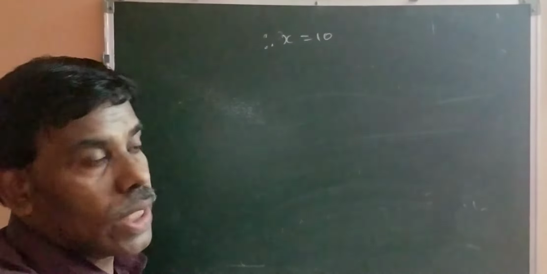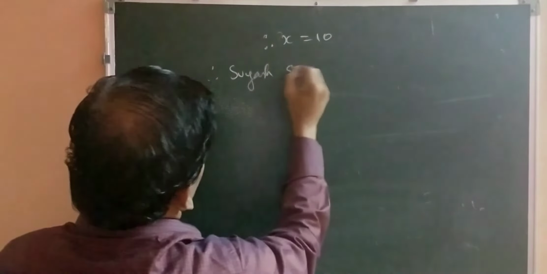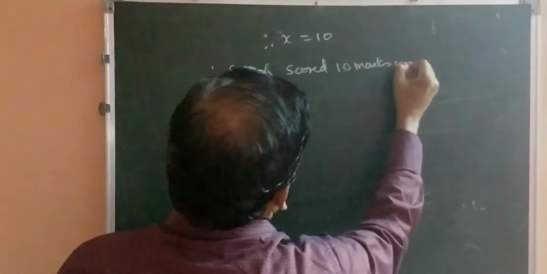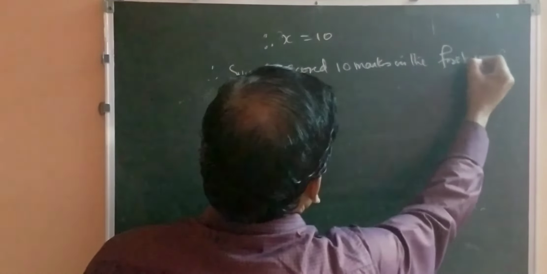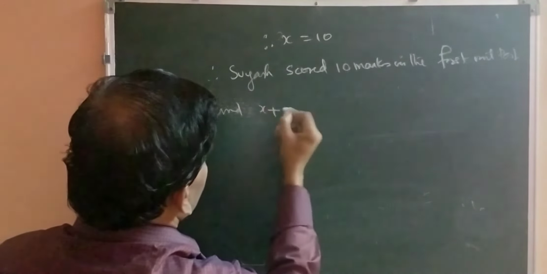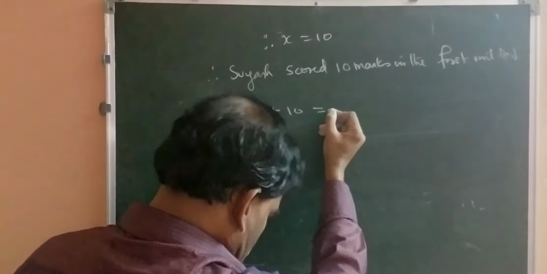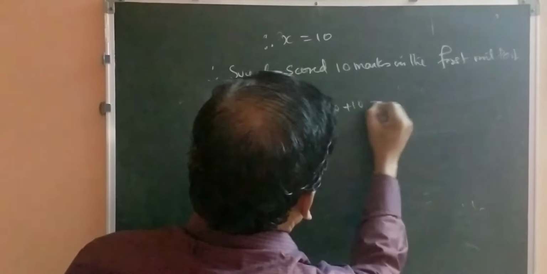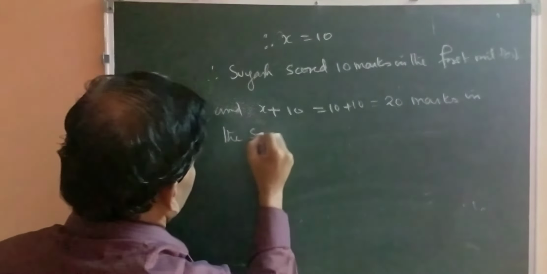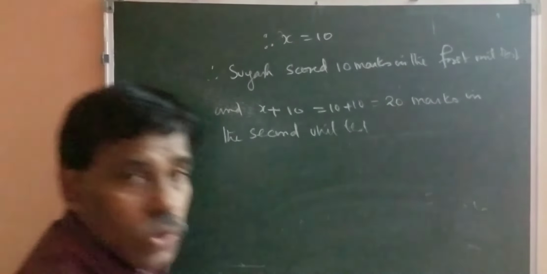The marks scored in the first unit test. Therefore, Suyesh scored 10 marks in the first unit test, and x plus 10 means what? 10 plus 10, that is 20 marks in the second unit test. So like this you can do it.